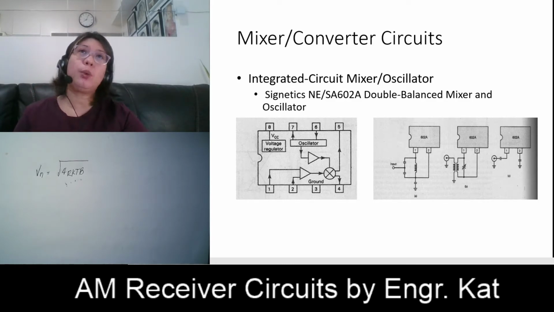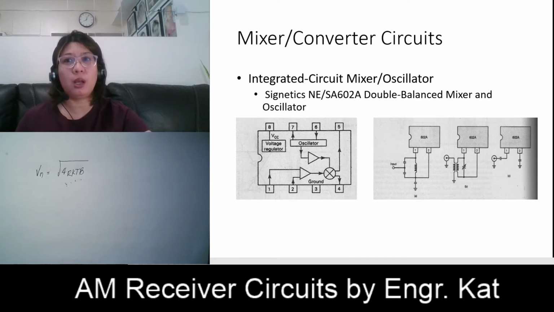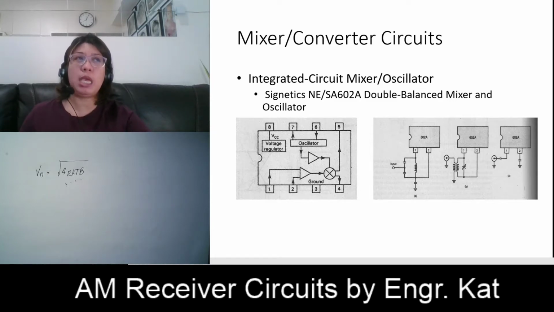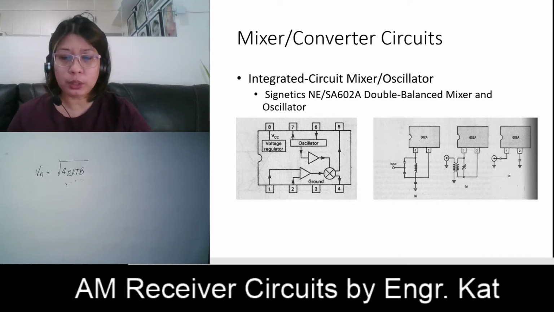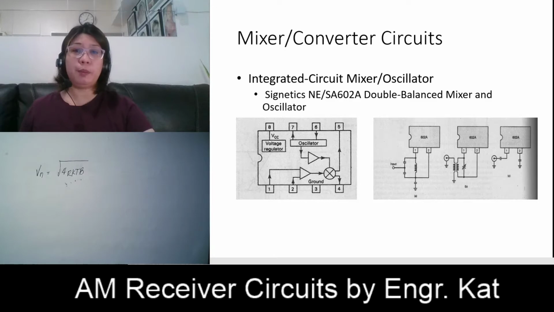Okay, so this is well suited for cellular radio applications. Okay, so this is the block diagram. It has a voltage regulator inside it, and you have an oscillator. So you have a local oscillator to be coupled with the RF amplifier that is to be received.